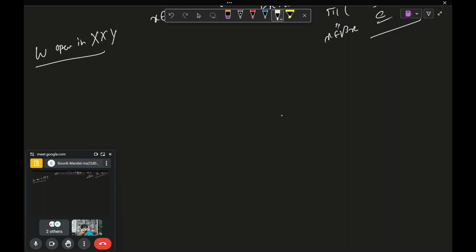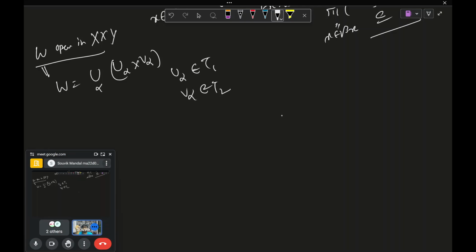So let W be open in X cross Y. W can be written as a union of elements of the form U alpha cross V alpha, where U alpha is open in X and V alpha is open in Y. This we can write because any open set can be written as an arbitrary union of basis elements.